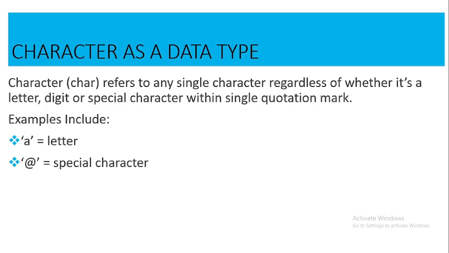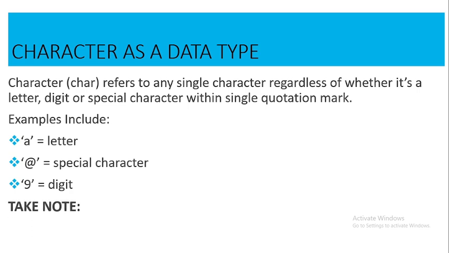We have @ inside single quotation marks, that's a single symbol inside single quotation marks. Then we have 9, which is also a digit inside single quotation marks. So when we put a single symbol inside single quotation marks, we get a data type known as character.